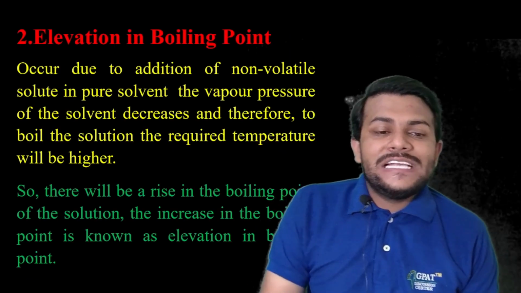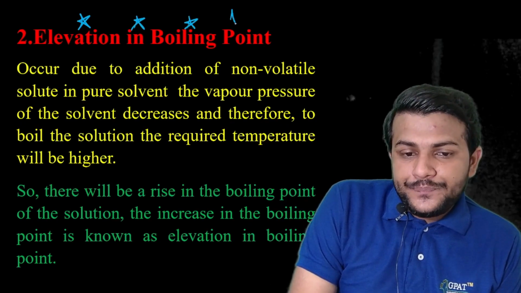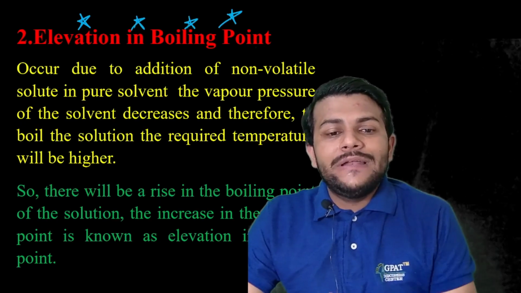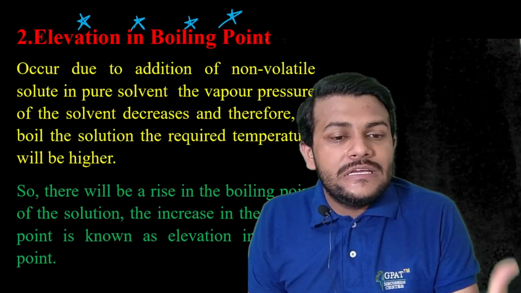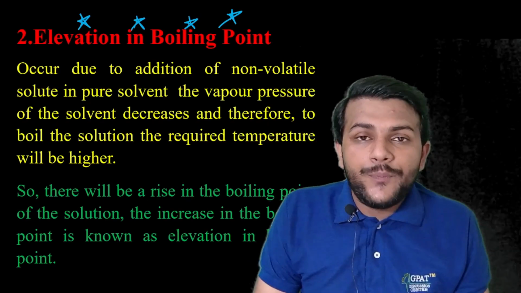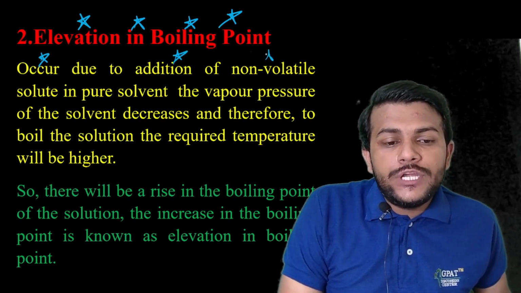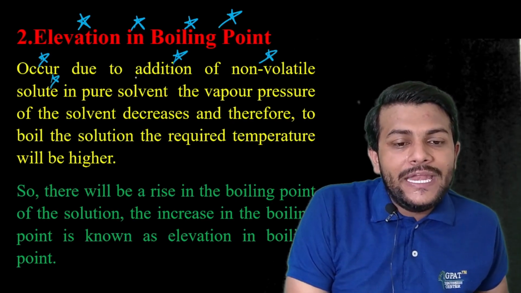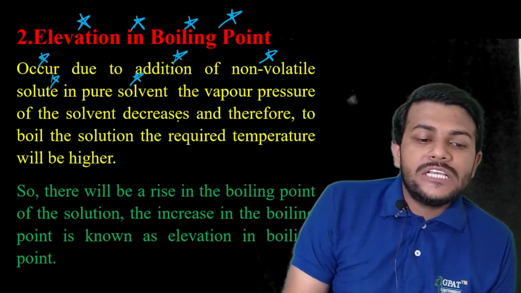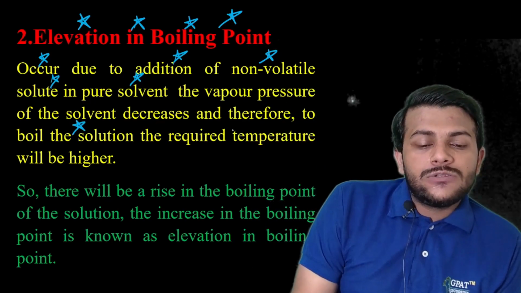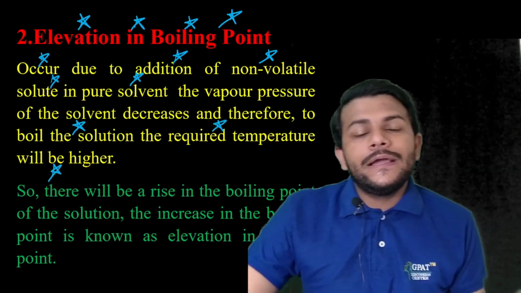Second, we have the next colligative property, that is elevation in boiling point. Why is there an elevation in the boiling point, sir? It occurs due to the addition of a non-volatile solute in a pure solvent, and the vapor pressure of the solvent decreases. Therefore, to boil the solution, the required temperature will be greater.